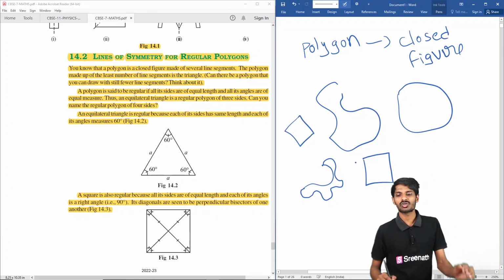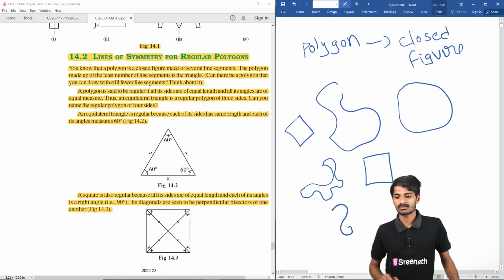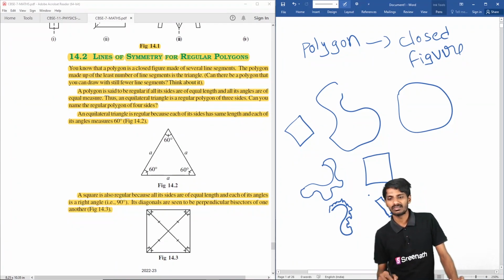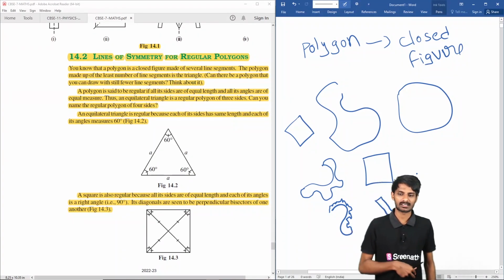Please observe all these figures. Out of all these figures, I have drawn some planar figures, two-dimensional figures.